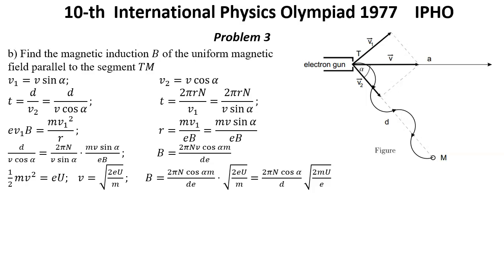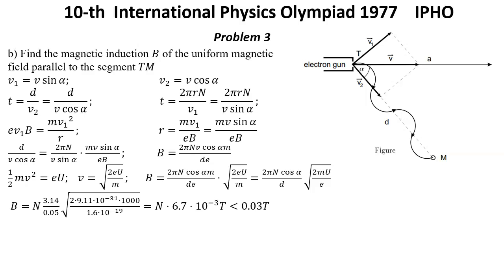When we put numbers, we will get that B must be equal to n multiplied by 6.7 multiplied by 10 to the power negative 3 Tesla, which must be less than 0.03 Tesla. So we can count that the number of possible rotations is 4.